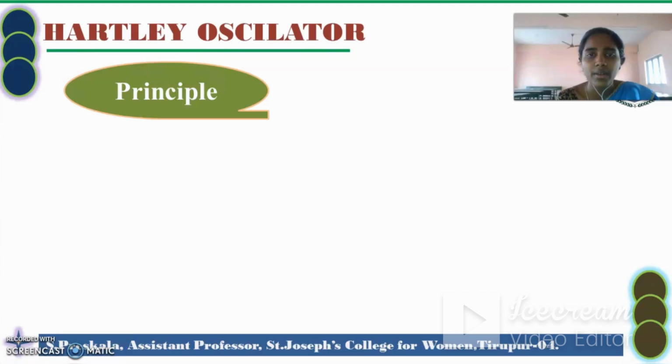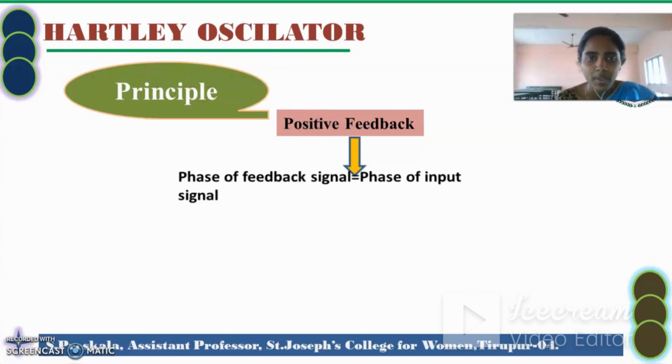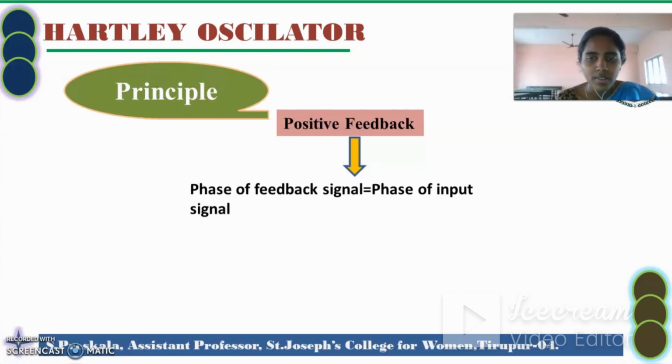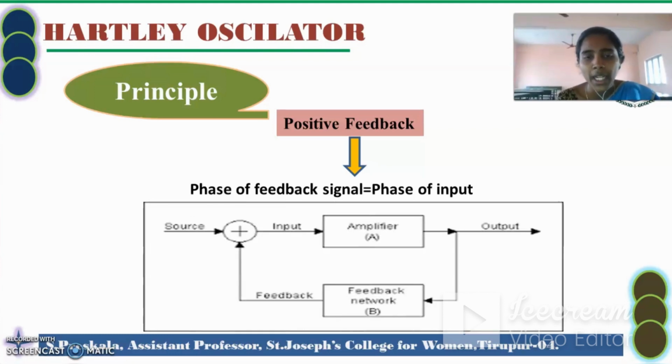Principle of oscillator. Oscillator works based on the principle of positive feedback. Positive feedback means the phase of feedback signal should be in phase with the input signal. What I am telling is, consider a source. I am going to give this source, which means power, to this amplifier.